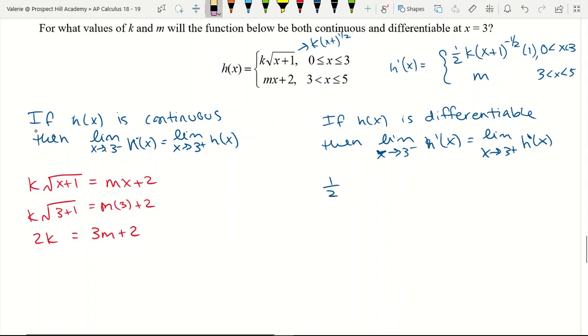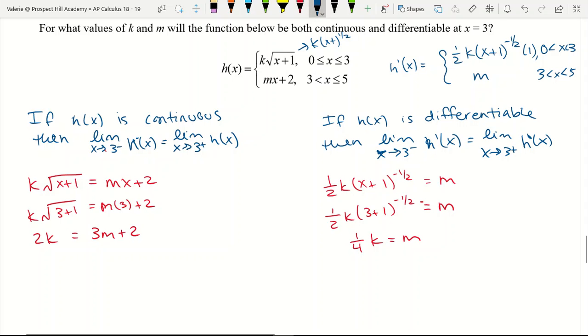Let me write this out. So we have 1/2 k x plus 1 to the negative 1/2 equals m. Now we can substitute 3. We have 1/2 k 3 plus 1 to the negative 1/2 equal to m. And when we do that out, we get 1/4 k is equal to m.